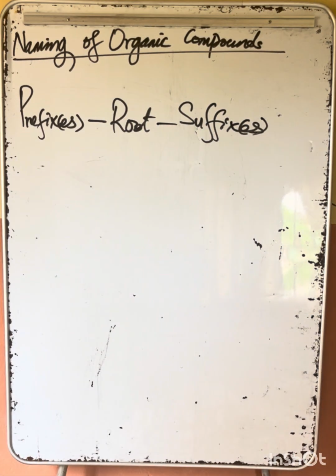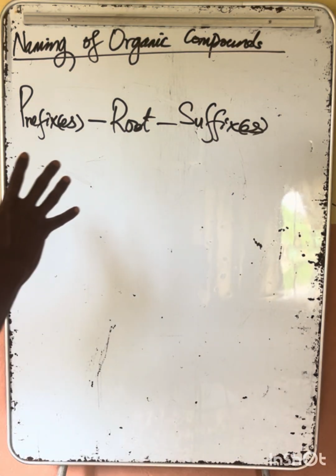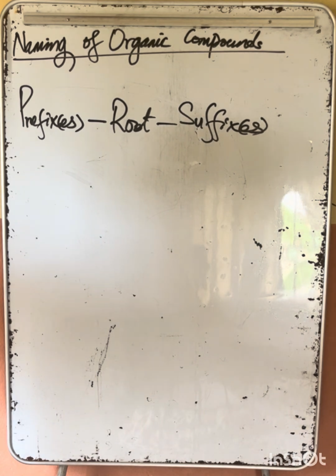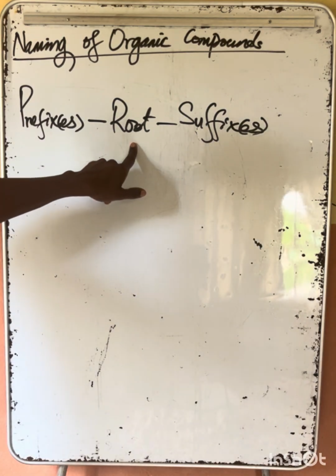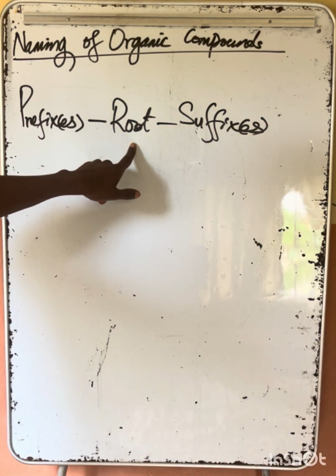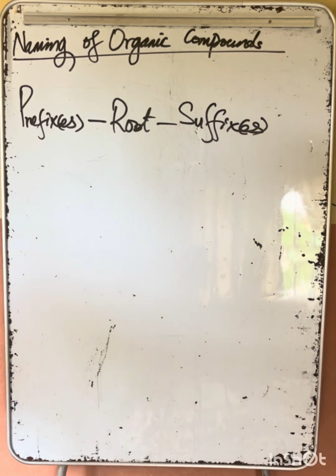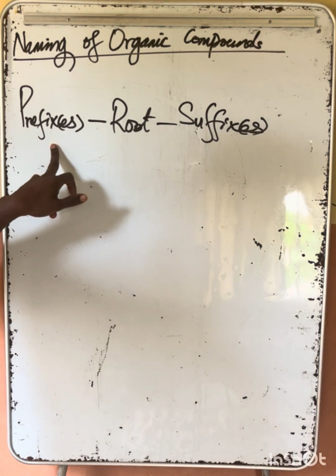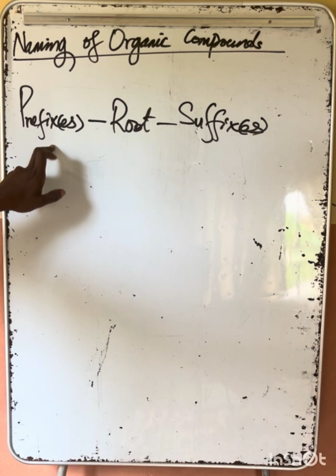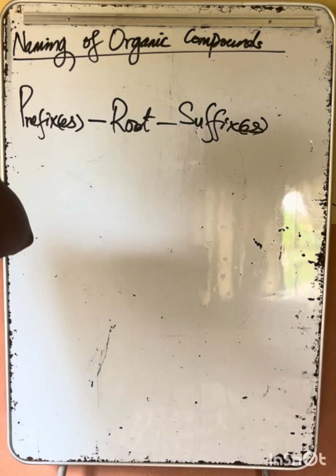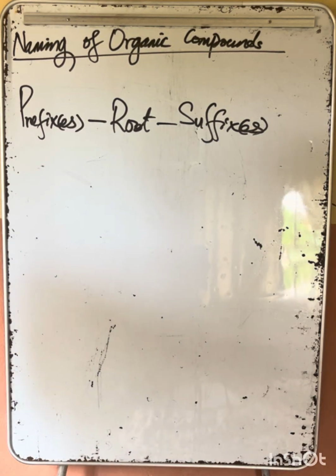This can be compared to a word in the English language, wherein the root is like the base word that stays in the middle. The prefix stays at the left end of a word, and the suffix stays at the right end of a word. It can be the last syllable, as the case may be. People in English language will tell you better.